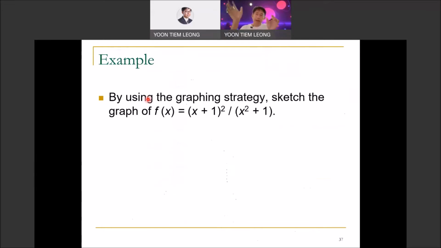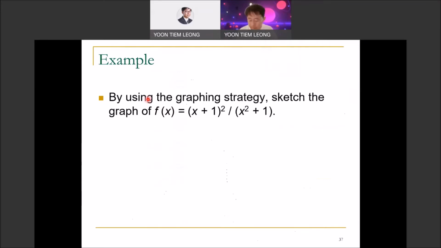Then you identify the regions where the function is increasing or decreasing based on the sign of f prime for this function. Then you move on to the next bit, that is to identify the regions which are separated by different concavity. So what you do is that you solve f double prime equals 0. Then from there you can identify the regions where the concavity changes sign or does not change sign, right?